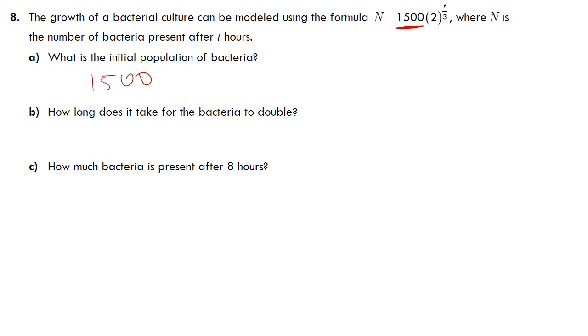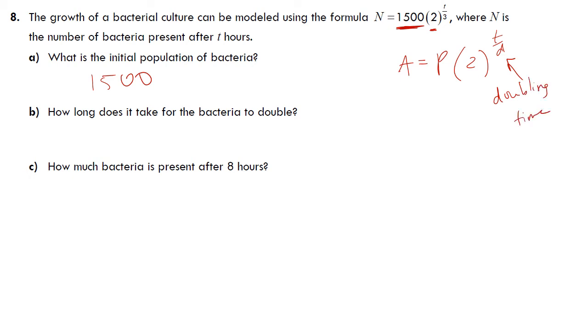How long does it take for the bacteria to double? Well, we know it's double because there's a 2 there, that's the base. And again, this goes back to your understanding of the equations for doubling time. So remember, your equation for doubling time is normally A equals P times 2 to the T over D. And that D value on the bottom of the fraction is your doubling time.